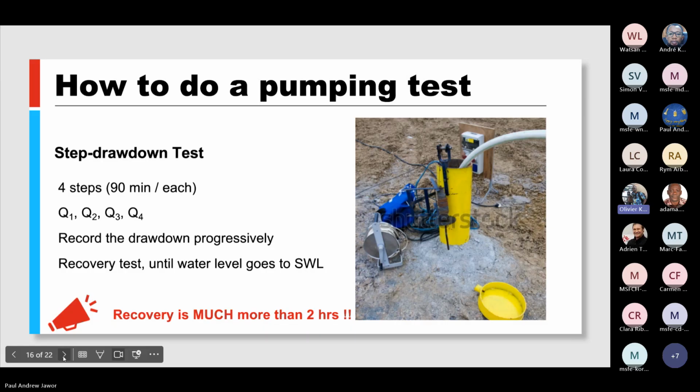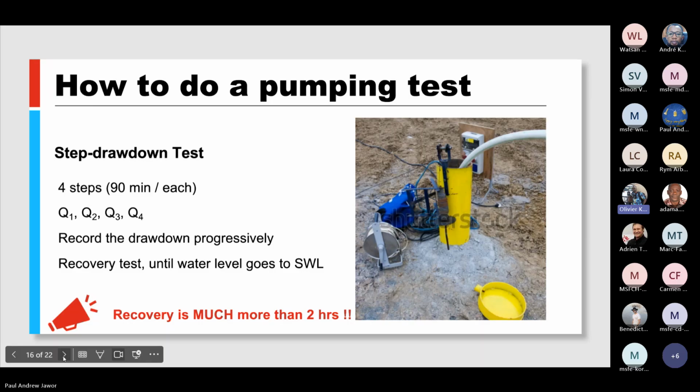Then the step drawdown pump test. Once we have gathered all of the data we need, we have calculated our Q1, Q2, Q3, Q4. We have set the time we need for our pump test, 90 minutes. It could be less, but no big deal. How do we run the pump test?